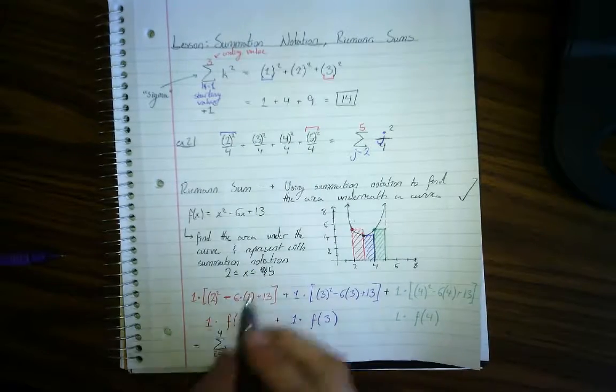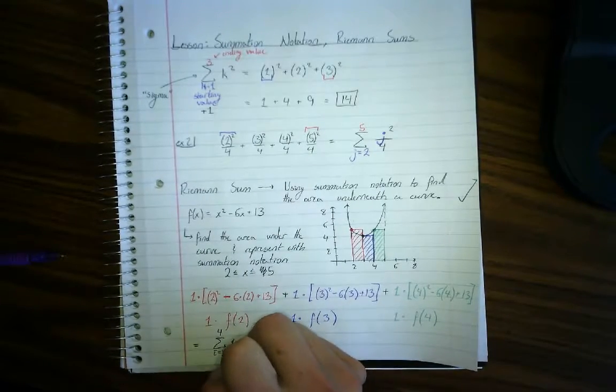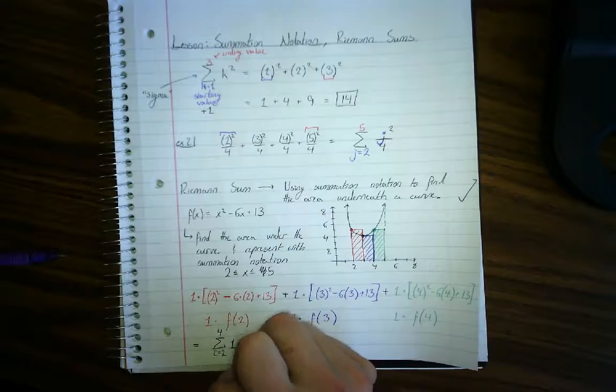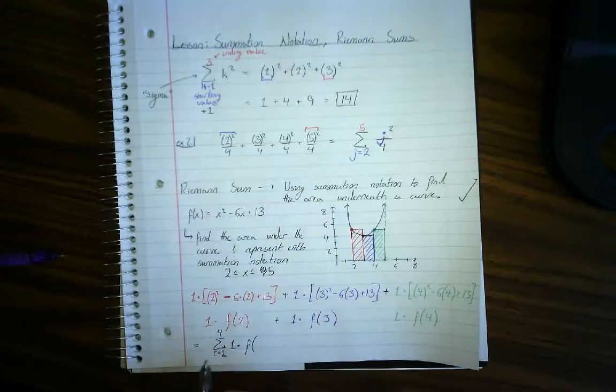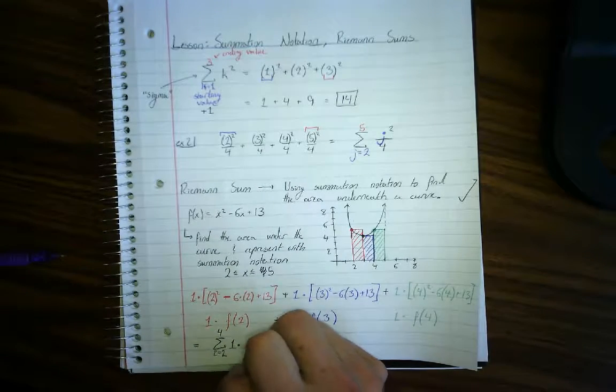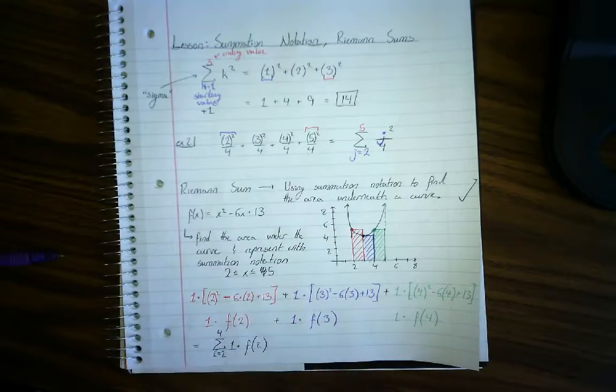So here we have 1 times f of i, and notice how we have our general equation. Okay? So that's kind of all there really is to it. Nothing too difficult. We're starting at some value, we're ending at some other value.